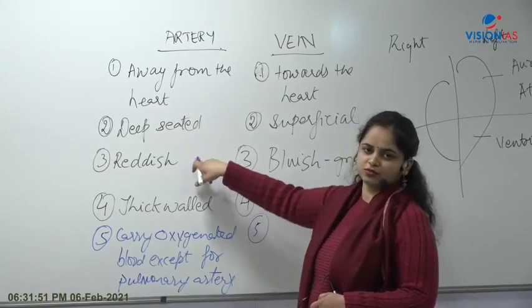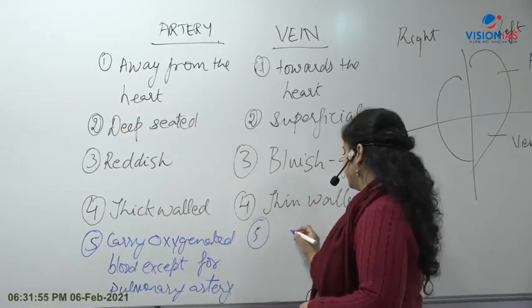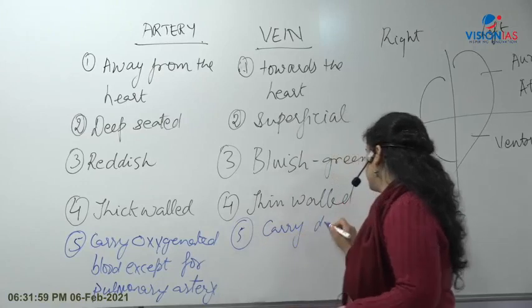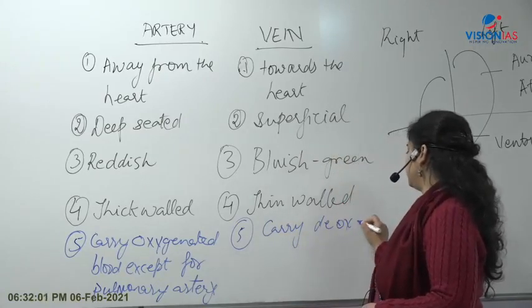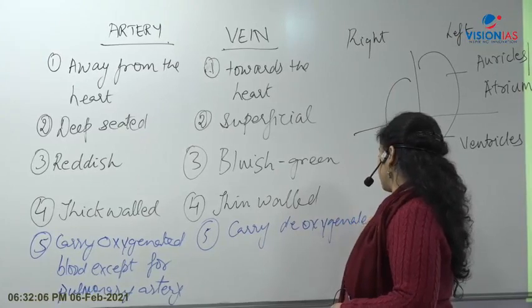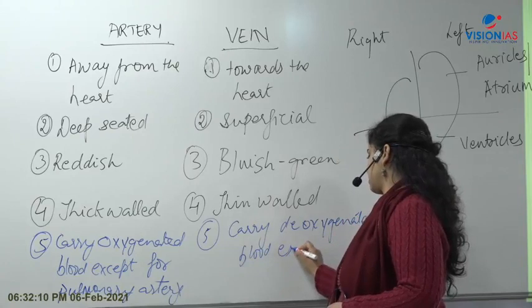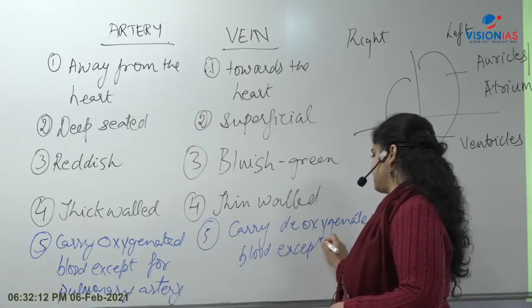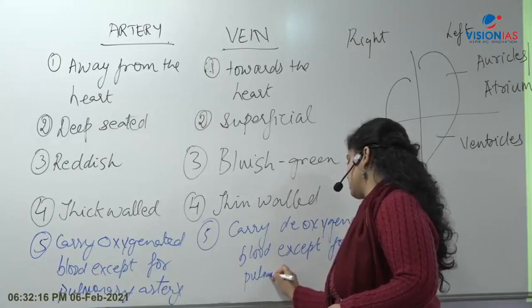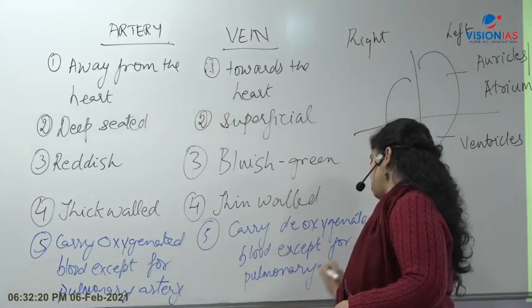This is responsible for the red color. Veins, on the other hand, carry deoxygenated blood, except for the pulmonary vein.